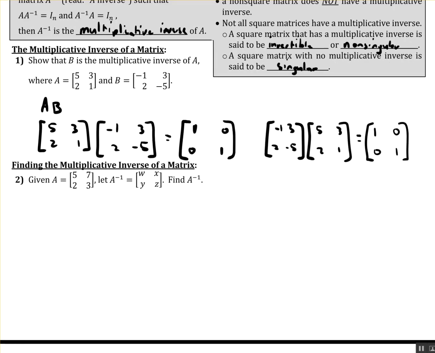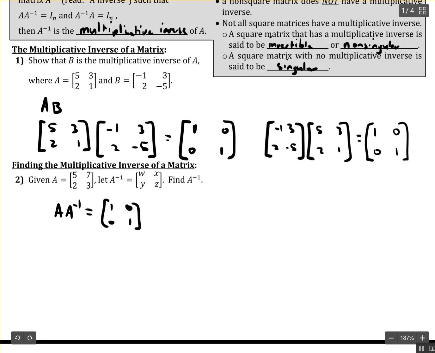All right, so finding the multiplicative inverse of a matrix. Given A equals 5, 7, 2, 3, let A inverse equal W, X, Y, Z. Find A inverse. Notice, when I multiply, A times A inverse should equal 1, 0, 0, 1.